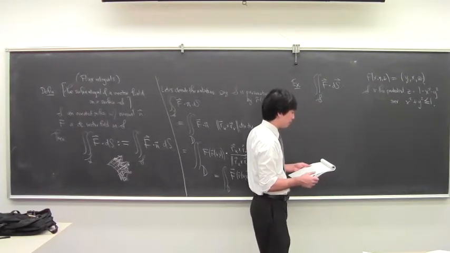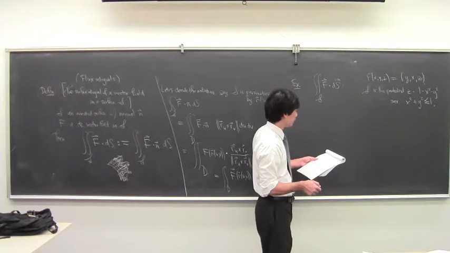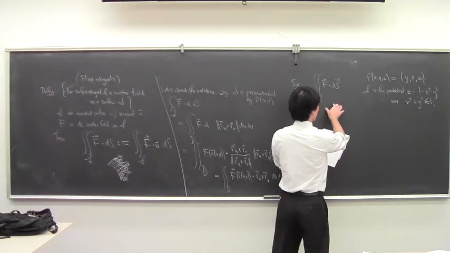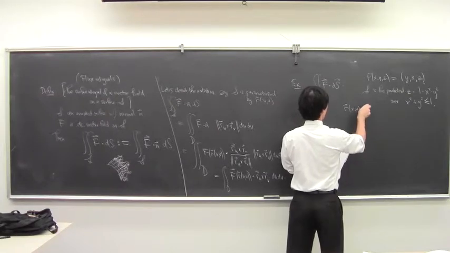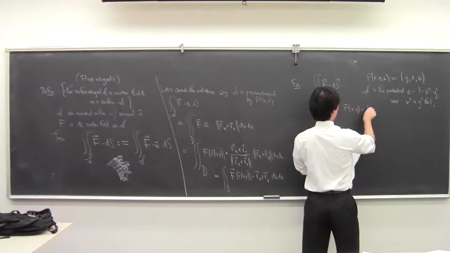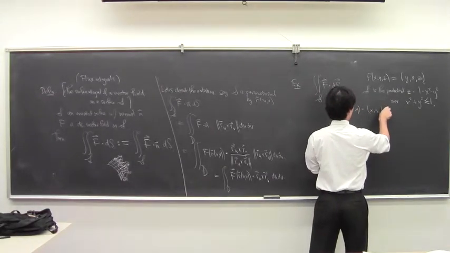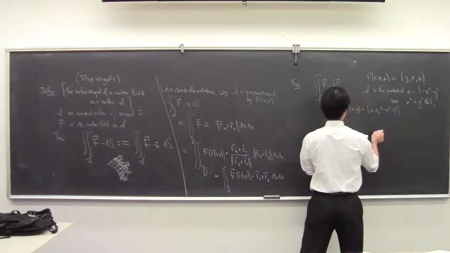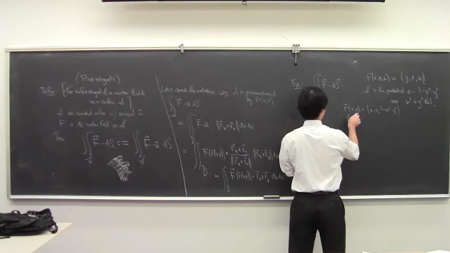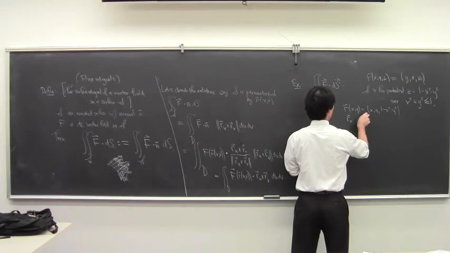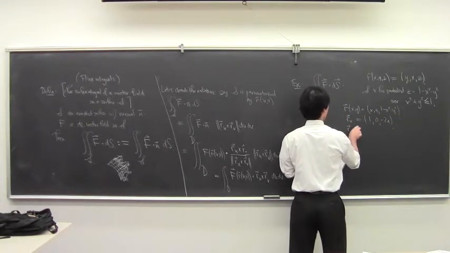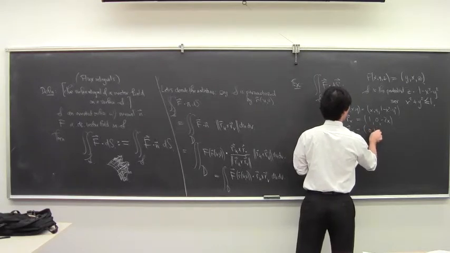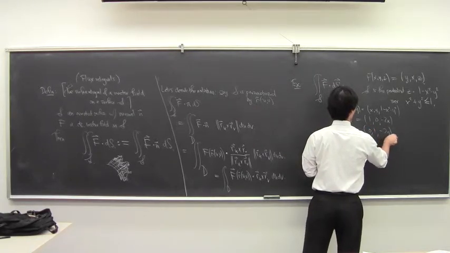So we want to calculate this thing. Let's take a parametrization. r of (x,y) is (x, y, 1 minus x squared minus y squared). r_x is going to be (1, 0, negative 2x). r_y is going to be (0, 1, negative 2y).